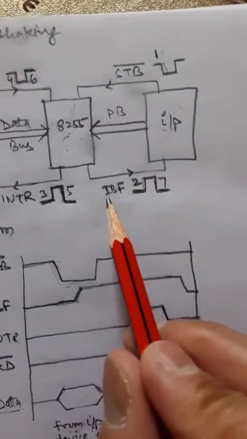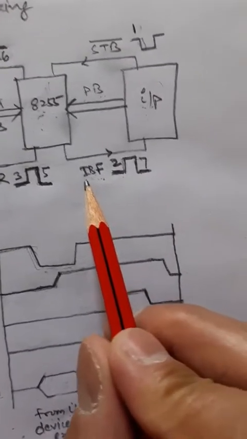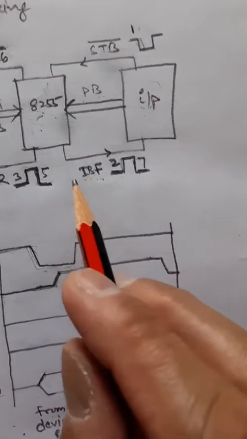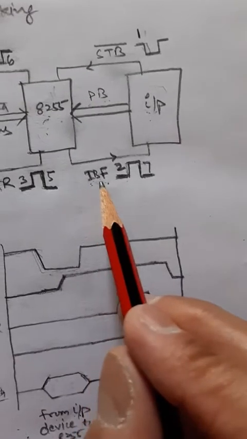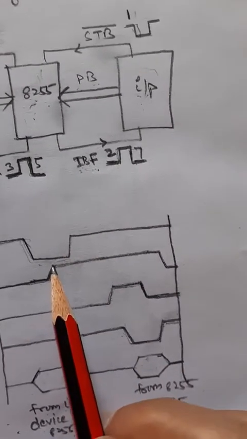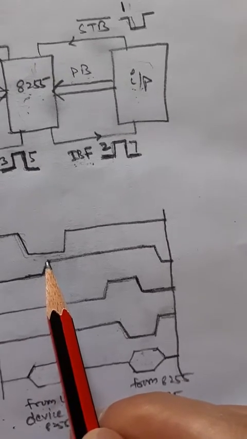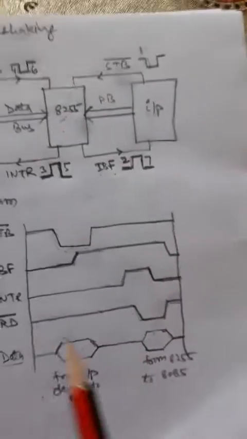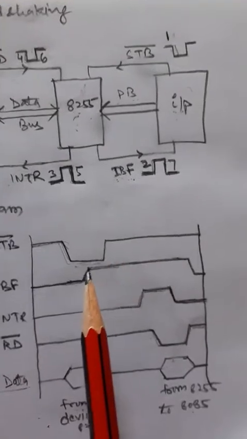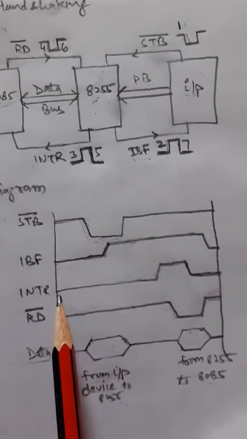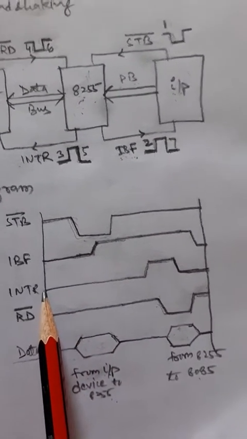IBF stands for input buffer full. Whenever the input buffer register is full, it keeps this high, preventing the input device from sending further data. Now when the 8255 has the data, it sends INTR to the 8085.